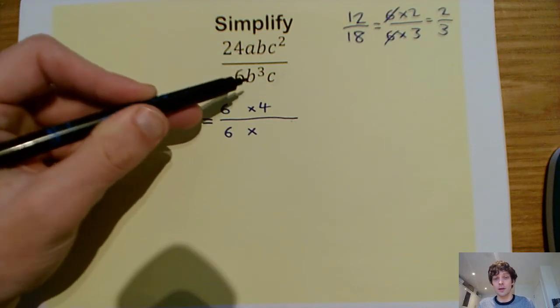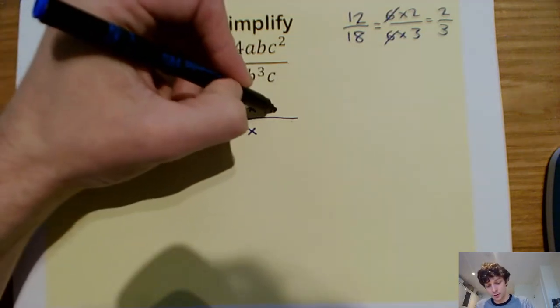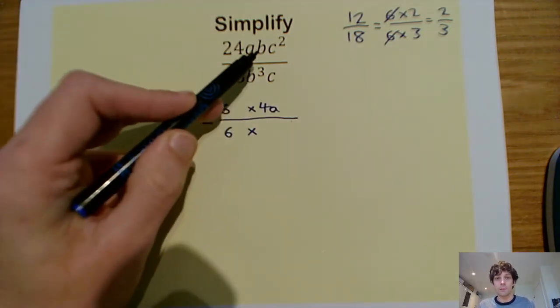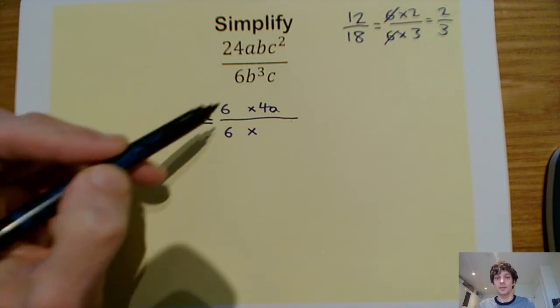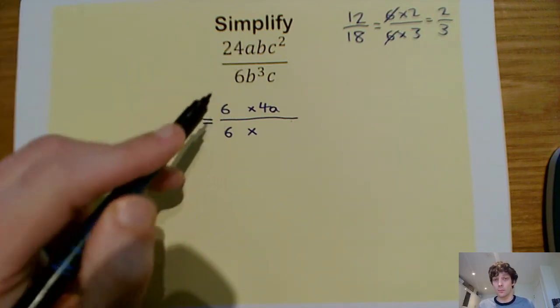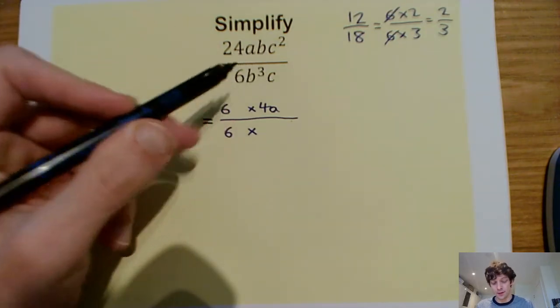I've got an a on my numerator, no a on my denominator, so I can't take that a out as a common factor. On my numerator, I've got a b, on my denominator, a b cubed. So I can take out just one b. I can't take out b squared because I've not got enough b's on my numerator.